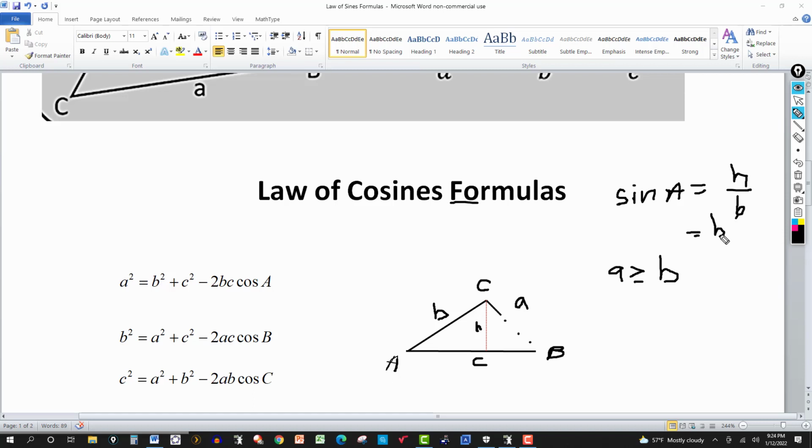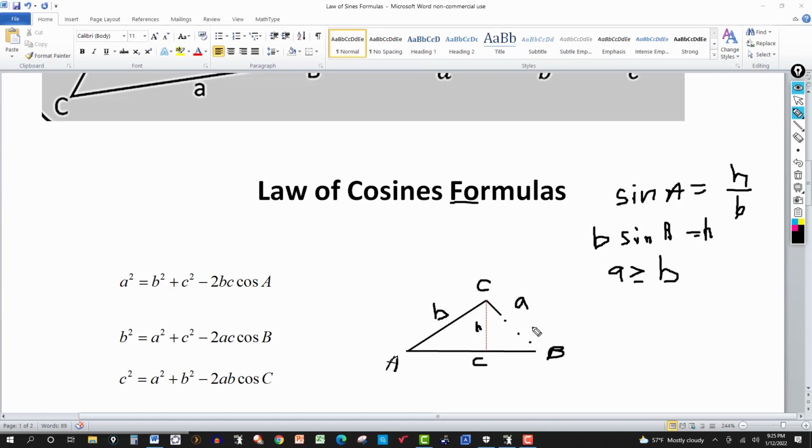So the length of the altitude would simply be the sine of A multiplied by b. So this is h here. h is equal to b times the sine of A.